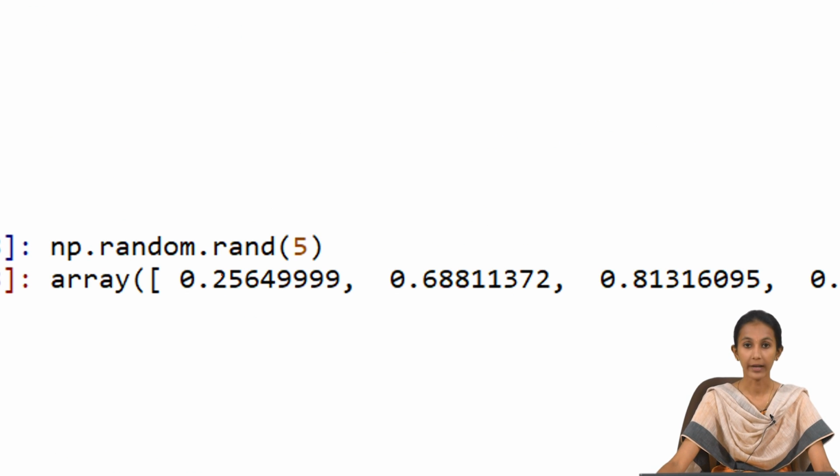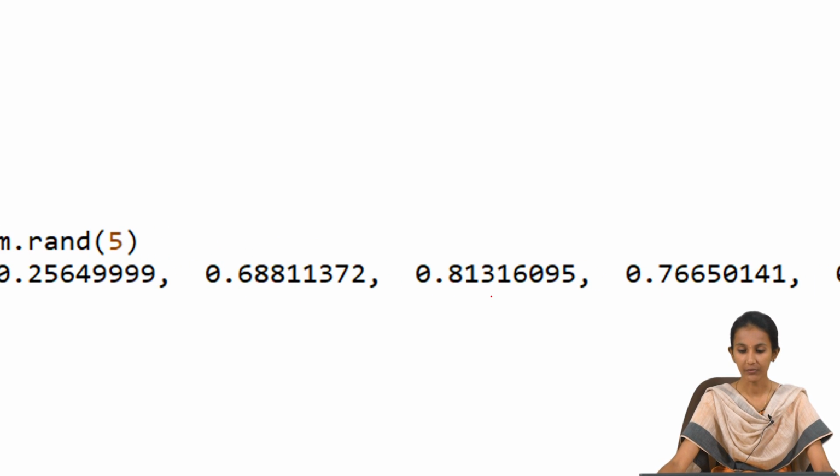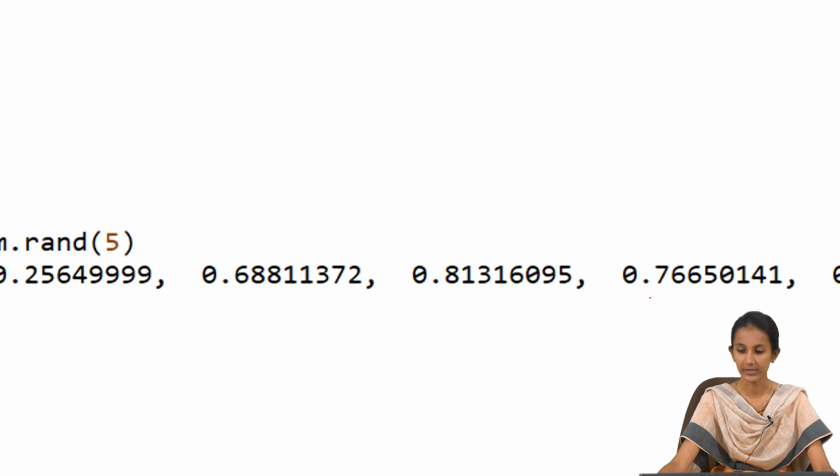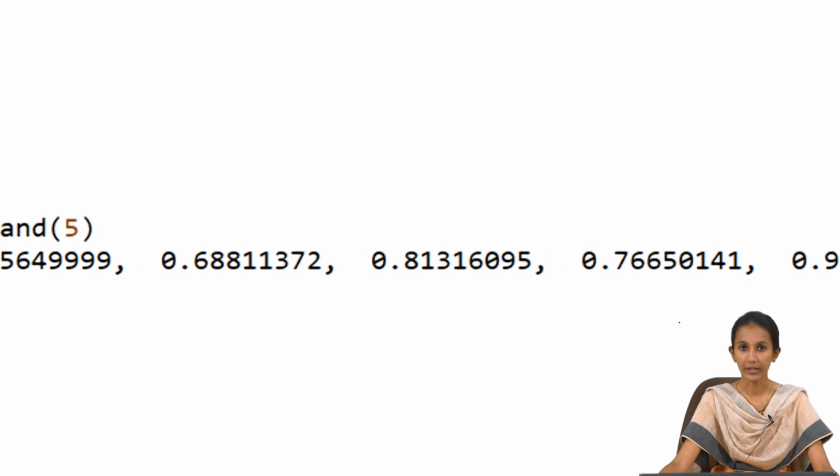So, np.random.rand, I want to generate 5 values. It randomly generates 5 values: the first is 0.2564, the second is 0.68, the third is 0.8131, the fourth is 0.7665, and 0.999. So, it has randomly generated 5 values.